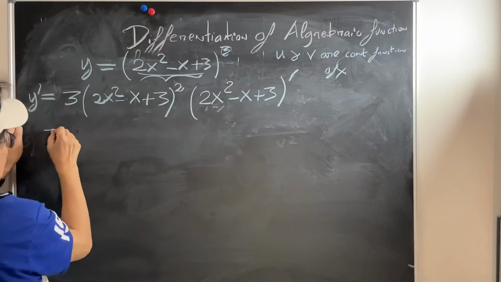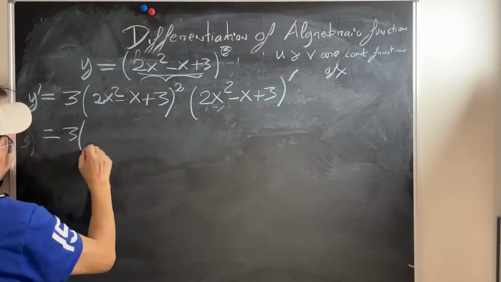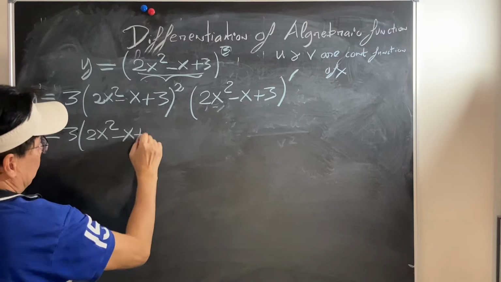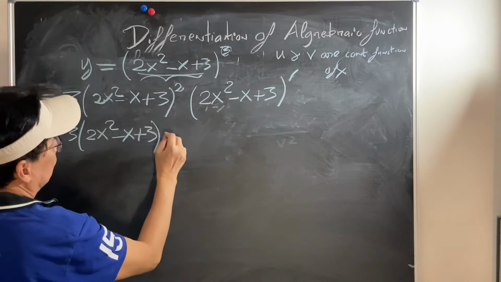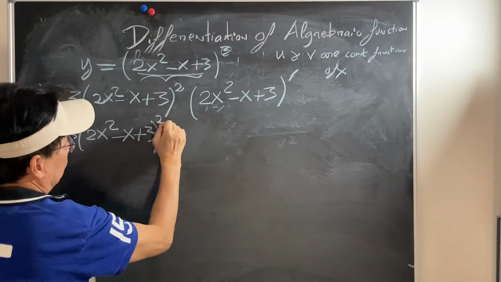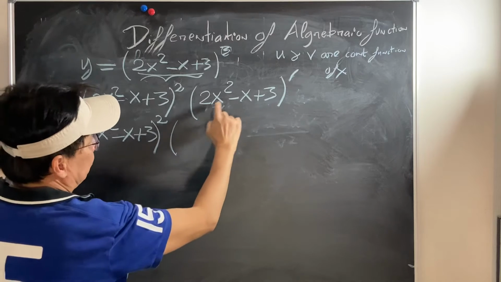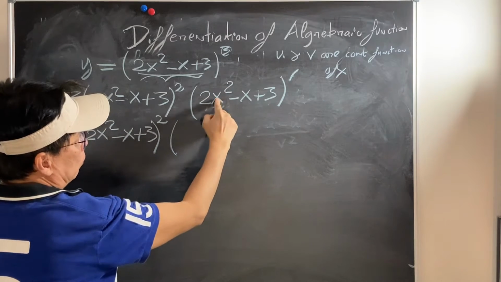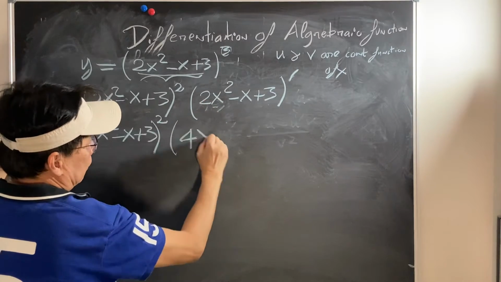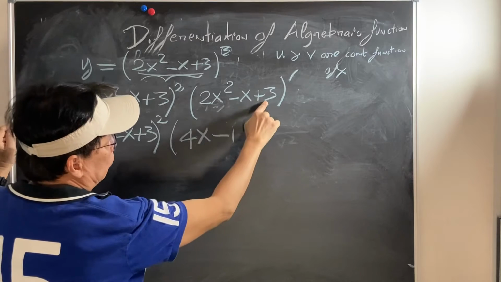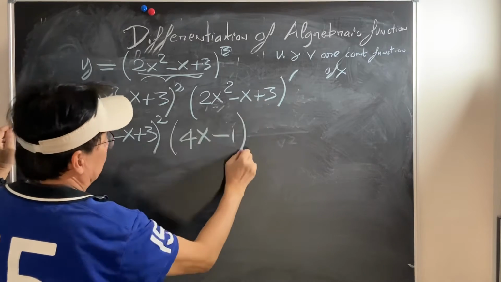So we have 3 times 2x squared minus x plus 3, squared, and the derivative of this: the derivative of 2x squared is 4x, the derivative of x is 1, and the derivative of 3 is 0.